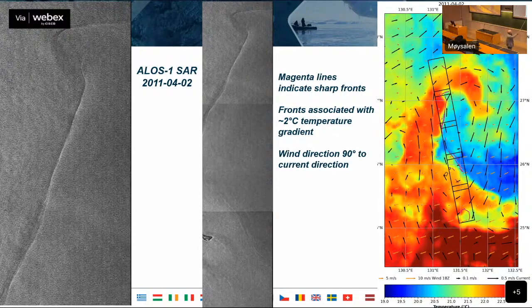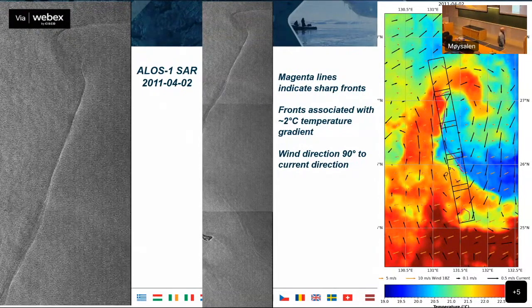So anyway, basically these convergent fronts fall right along this large filament. And as I started looking at more and more of these, I realized that with adding this wind direction, usually at these fronts the winds and currents are in mostly orthogonal directions.